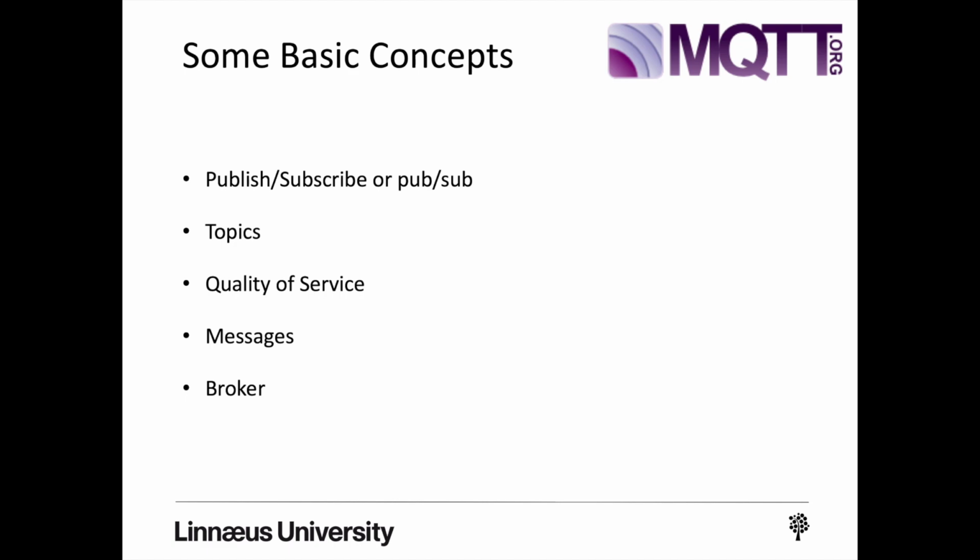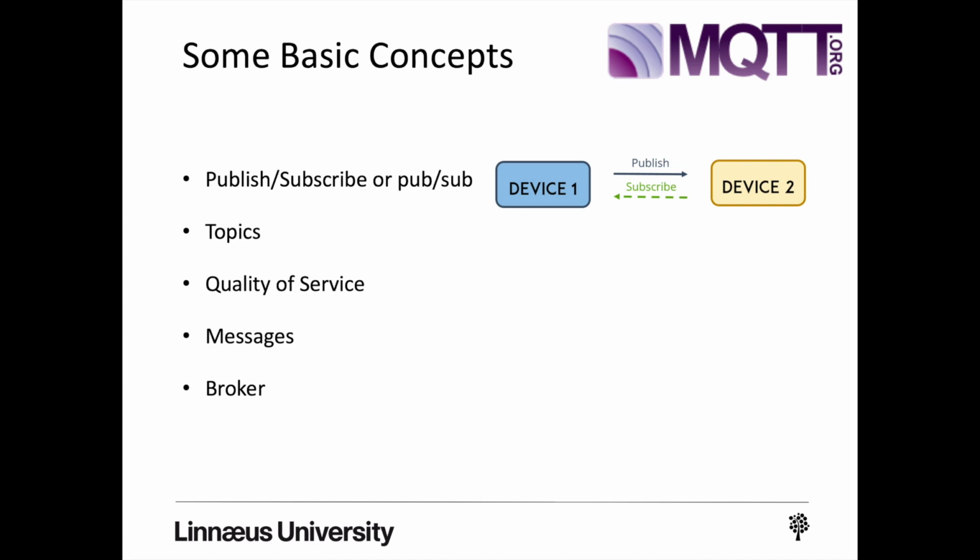This is known as pub/sub, where multiple clients connect to a broker and subscribe to topics that they are interested in. Clients can also connect to the broker and publish messages to topics. So what are topics? I will come to that after. Many clients can subscribe to the same topics and do whatever they want with the information.